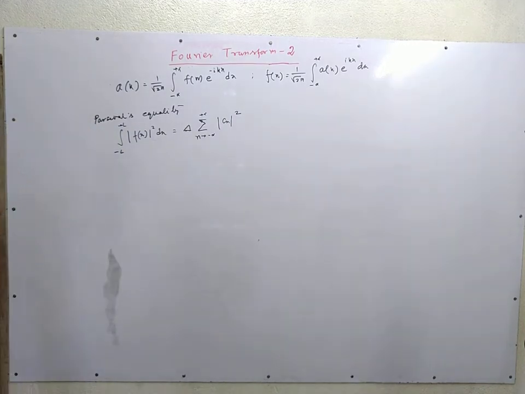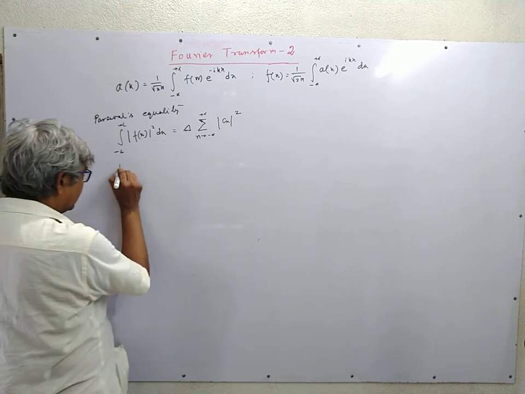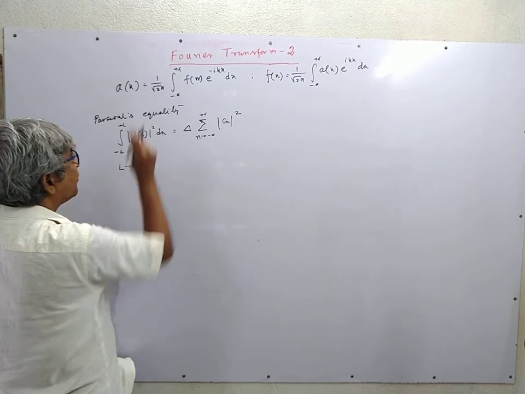This was our starting point, Parseval's equality, and finally we let L tend to infinity to get the Fourier transform.